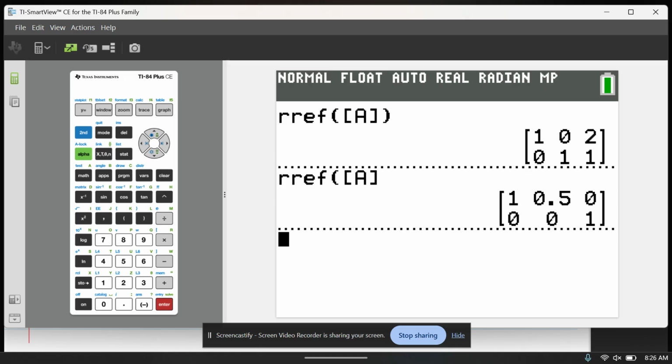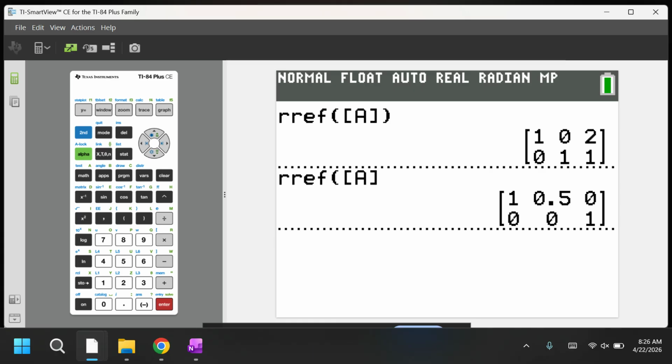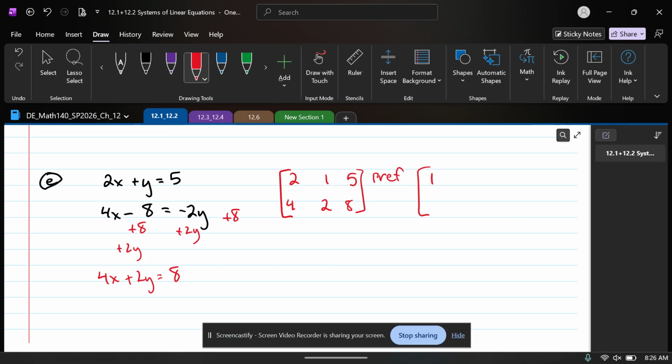All right, so this one is a little weird. It doesn't look exactly like the other one. It gets us a 1, 0.5, and 0, and then 0, 0, 1. That bottom row is the interesting one, because this row really says 0 x's and 0 y's is equal to 1.